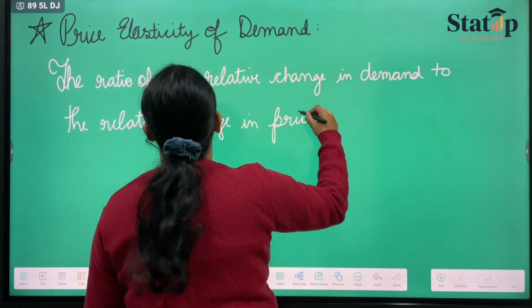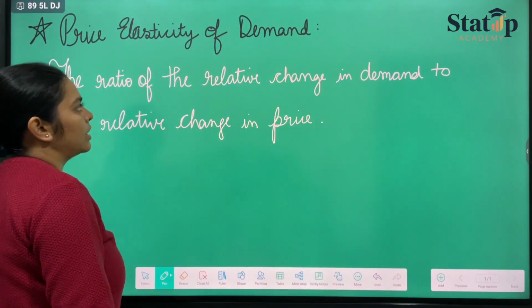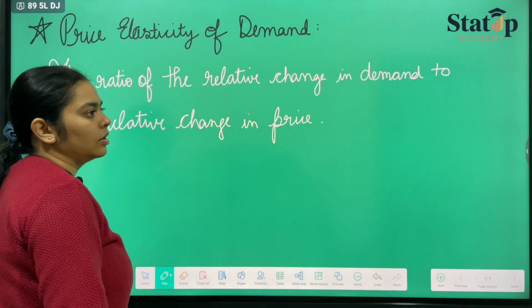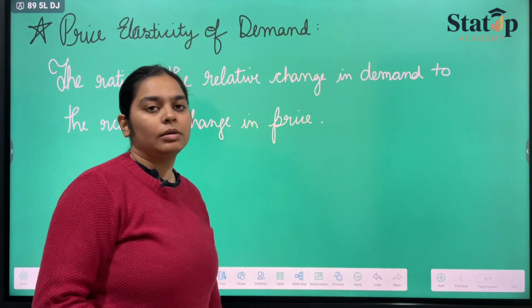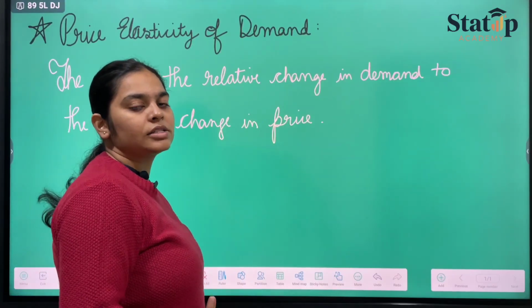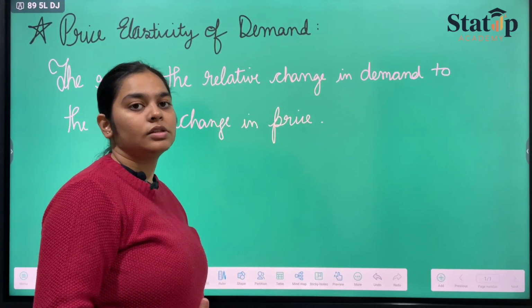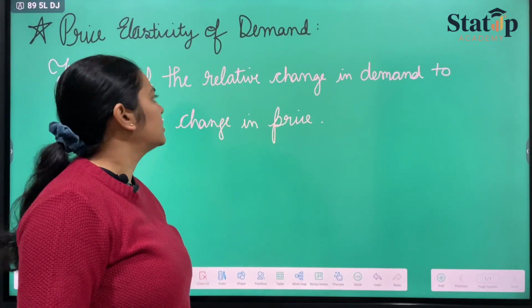This is known as price elasticity of demand. That means how much the demand of a commodity changes as there is some change in the price.